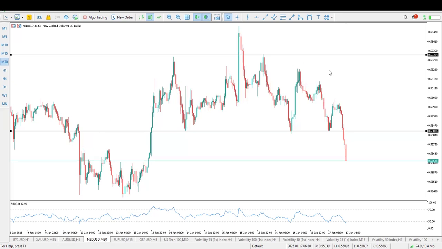This is a sideways trend. We have a high here, a low here. We have a new high here, a low here, a high here, a low here.